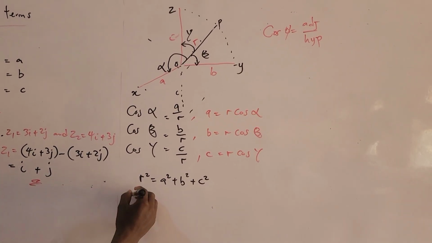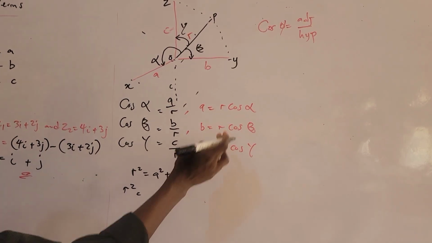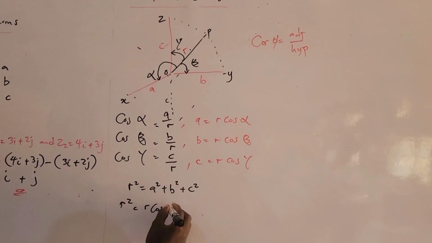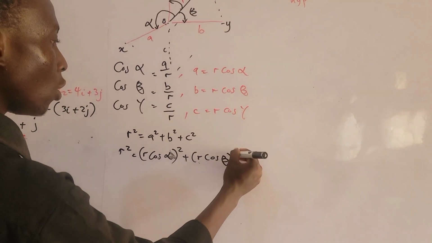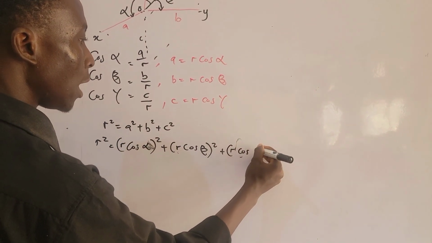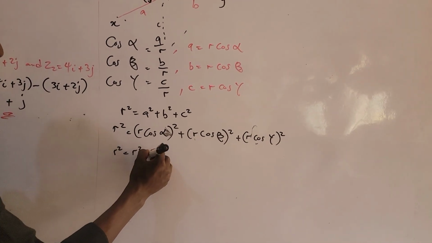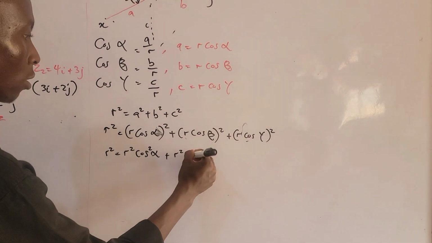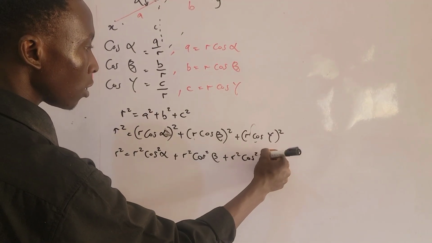Now, R squared, we know our a to be what? R cos alpha. So you just square it, and you are having R cos alpha all squared plus R cos beta all squared plus R cos gamma all squared. So as such, we'll be having R squared equals R squared cos squared alpha plus R squared cos squared beta plus R squared cos squared gamma.